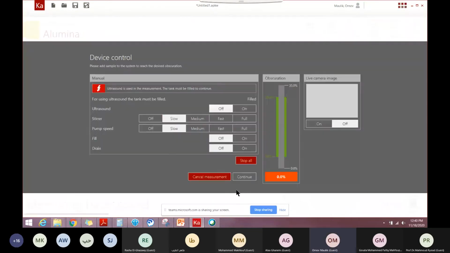And then when you add the particles, you would see on this live camera image the particle emerging, and we need to maintain the obscuration limit from 5% to 30%. So I'll take some sample. I'll just put it into the sample tank.